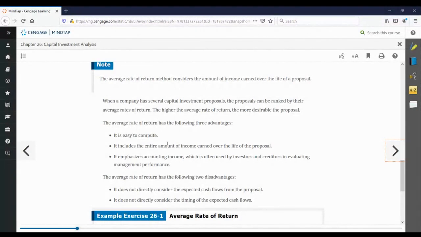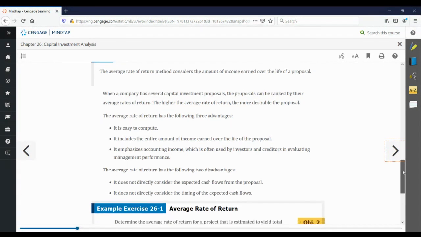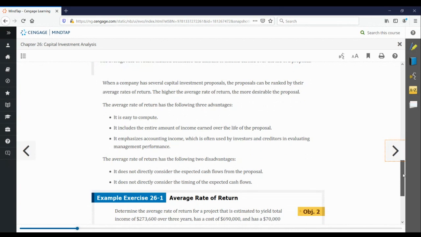The advantages of using the average rate of return is that it's easy to calculate. Just put it into that formula and we can calculate it fairly easily. Another advantage is that it includes the entire amount of income that's earned over the life of the proposal.